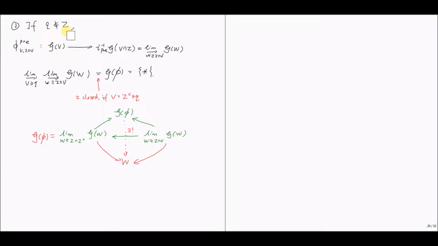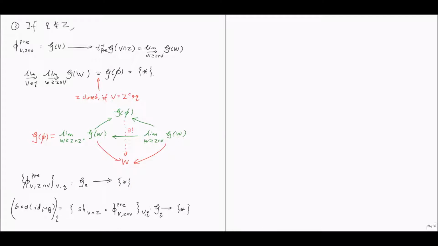So if Q is not in Z, then the induced stalk map of this map will become trivial. And so will the induced stalk map of this guy. To summarize, the induced stalk map of this guy will either become an automorphism on G_Q or a trivial map, depending on whether Q is in Z or not.